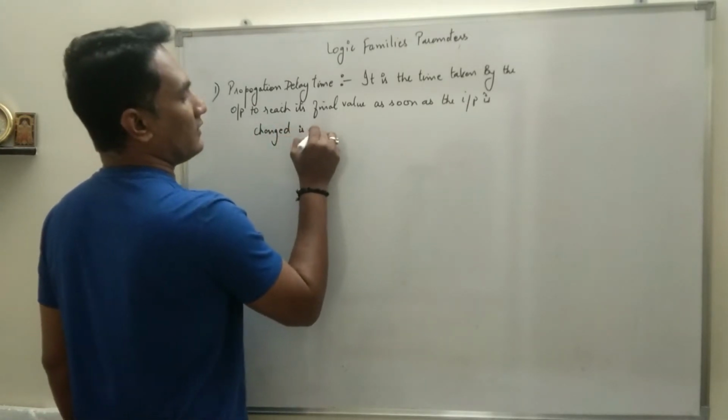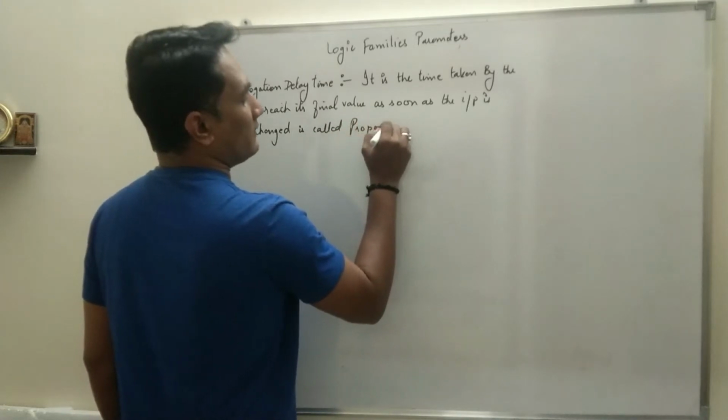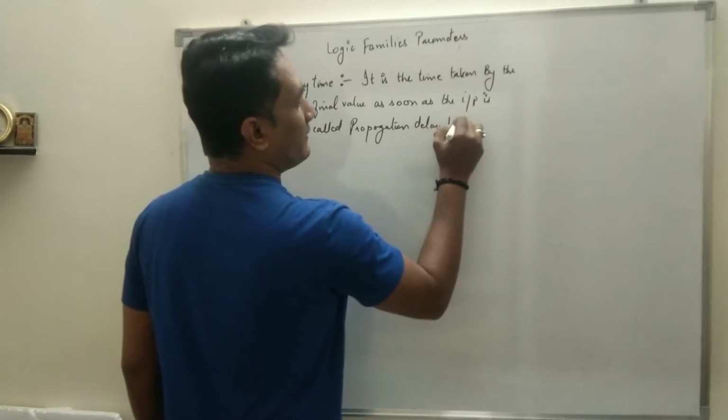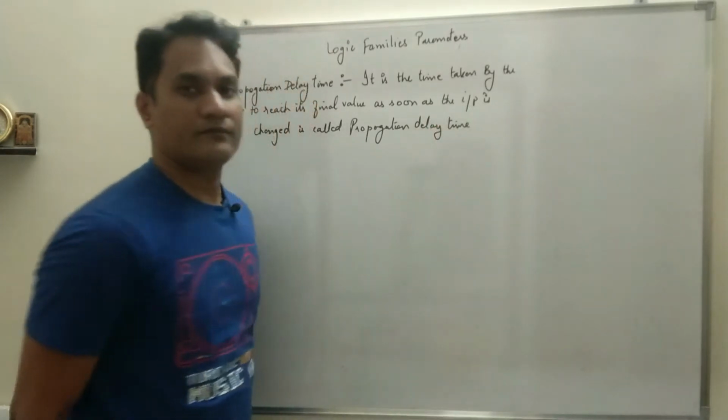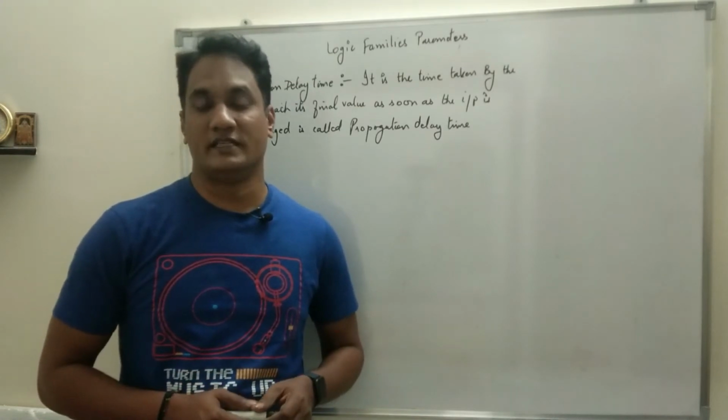This is called propagation delay time. Okay, so see, in a logic circuit what happens, the output will be either 0 or 1.